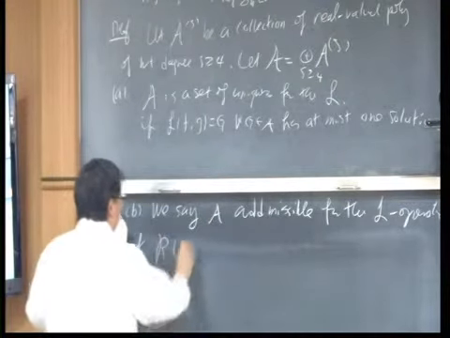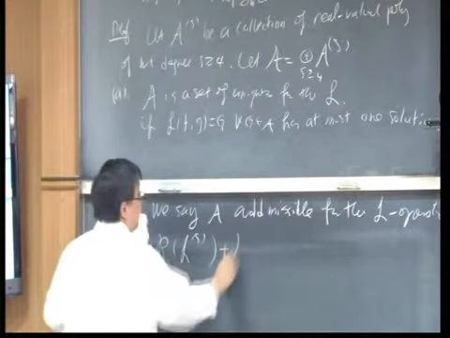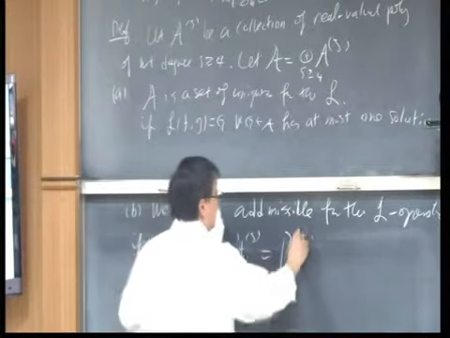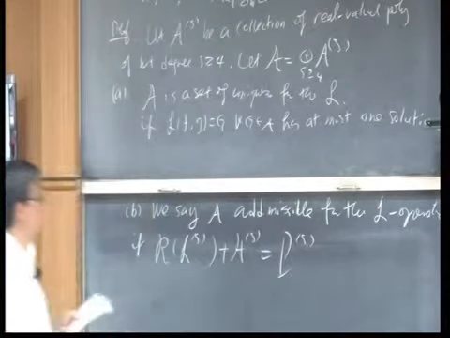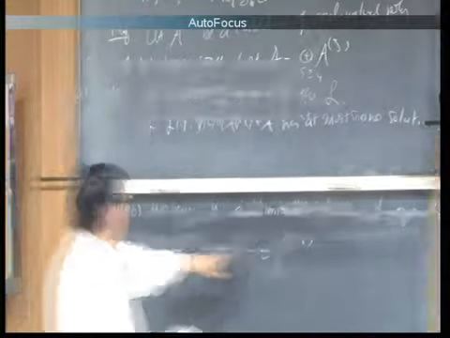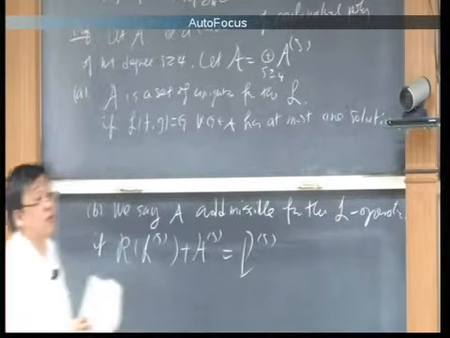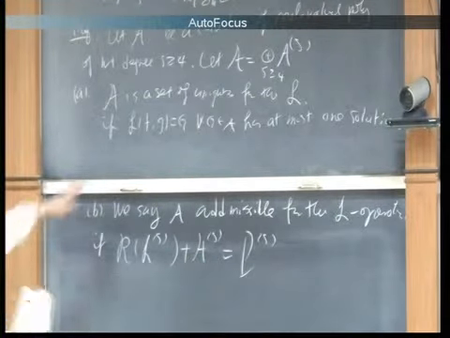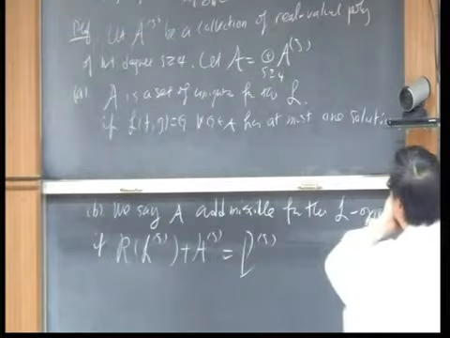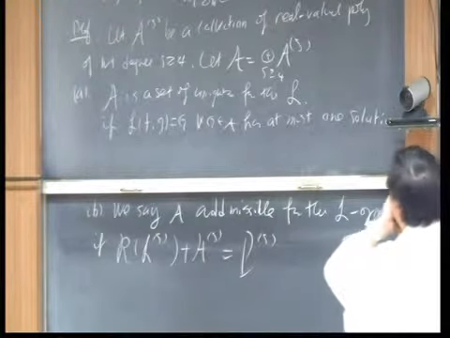The range of L with respect to degree S, plus AS, should be the whole space of polynomials of weighted degree S. This means essentially that for any element here, you can find an element here so that it is solved. So this means any set of uniqueness for L has at most one solution.